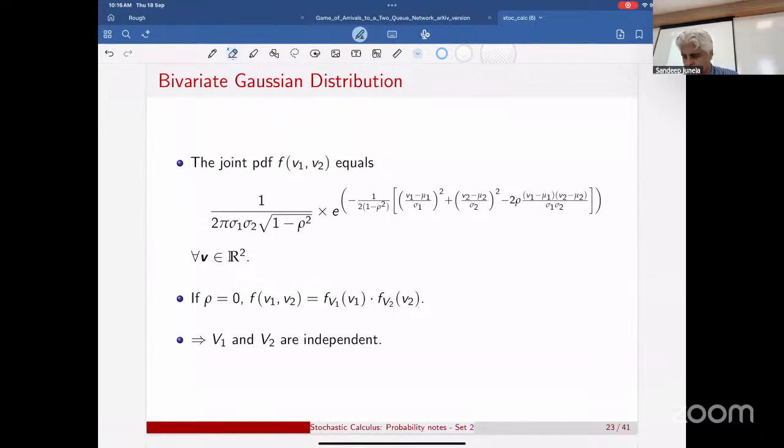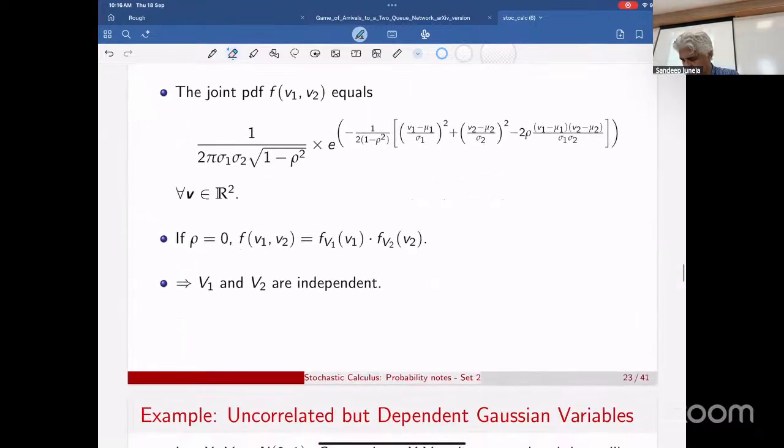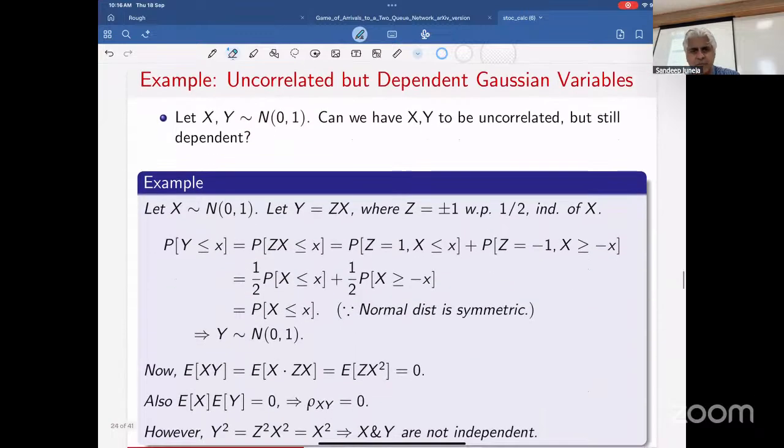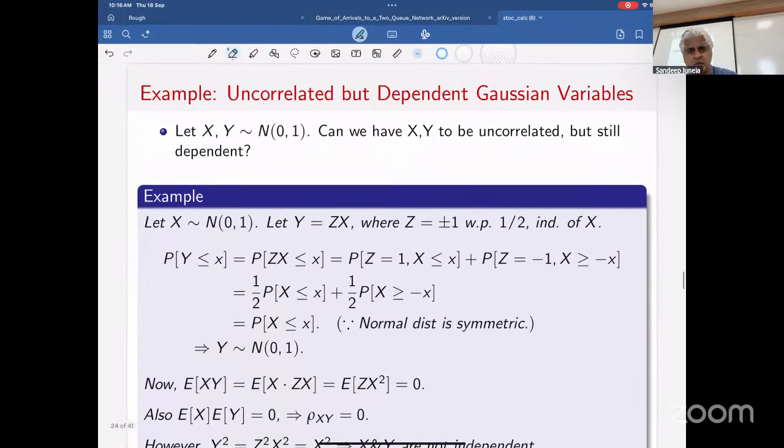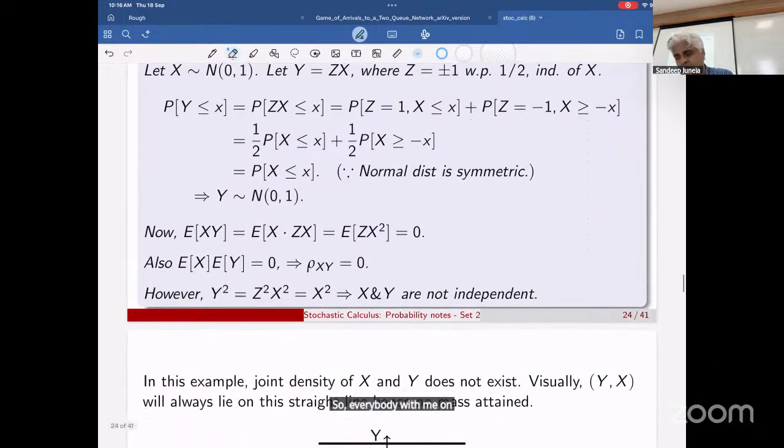All right, so we have that. And then we did an example of two random variables where the marginals were Gaussian distributed, and they were uncorrelated, but they were not independent. That's because they were not bivariate Gaussian. Everybody with me on this, right?